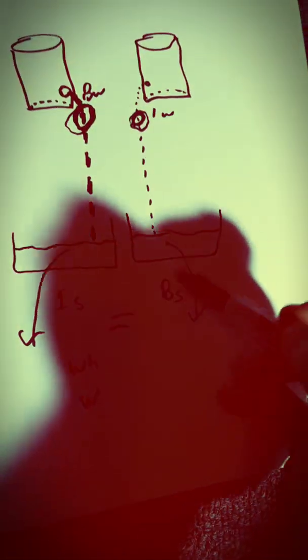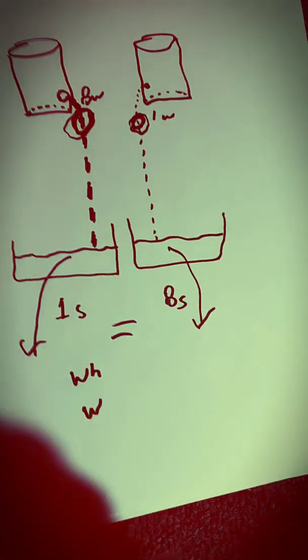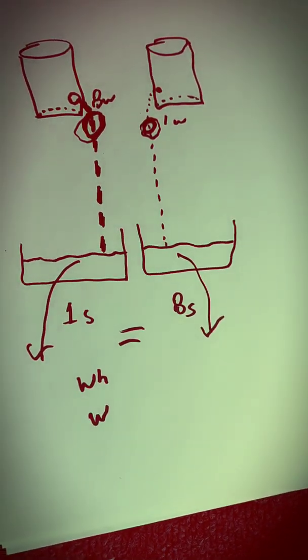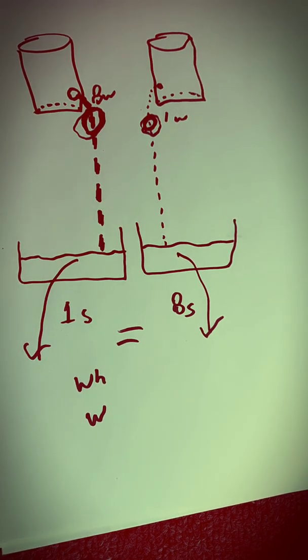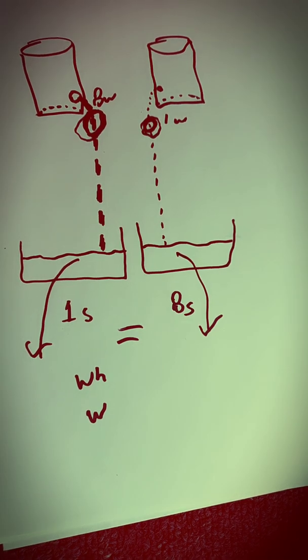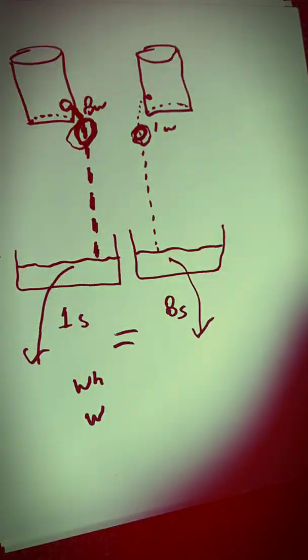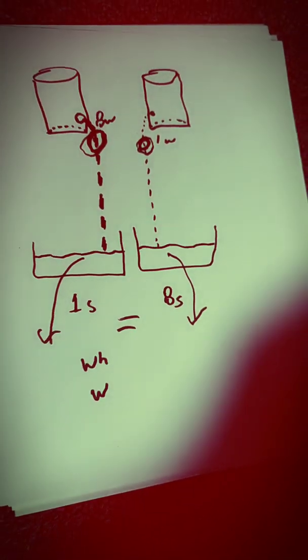That's why this one takes 8 seconds to have the same amount of energy as this one takes 1 second to have. So there you guys have it. Watts and watt hours and joules. Okay. Peace out.